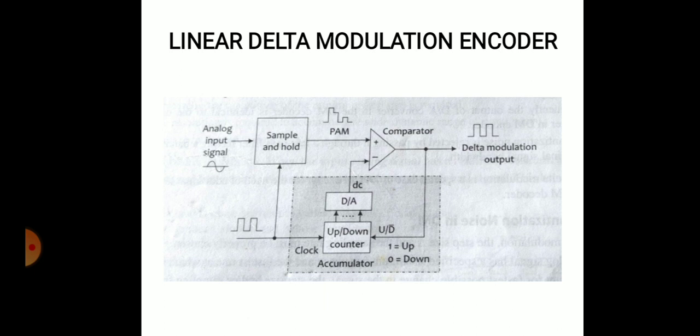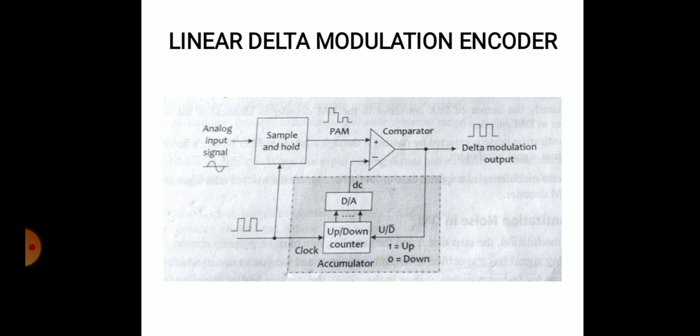The digital output of the comparator is converted to an analog quantized estimate, which is done in the D2A converter, and the sampling time is the time of occurrence of each active edge of the clock. So in this way, the accumulator generates the staircase approximate signal output and is delayed by one sampling period Ts.